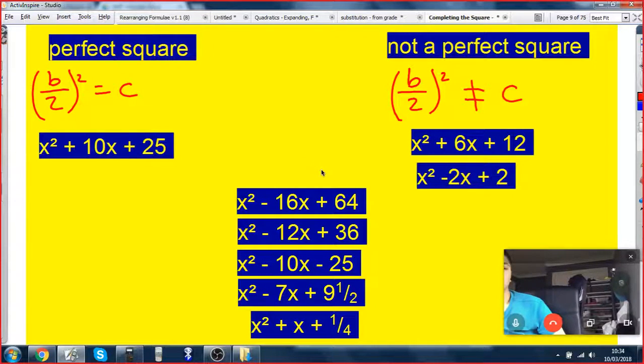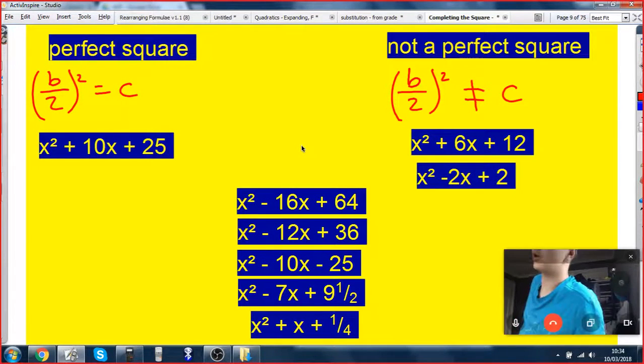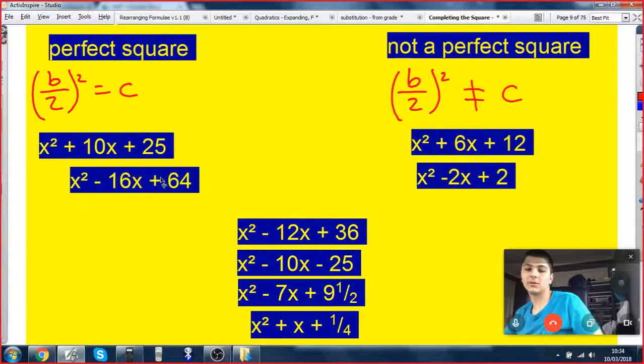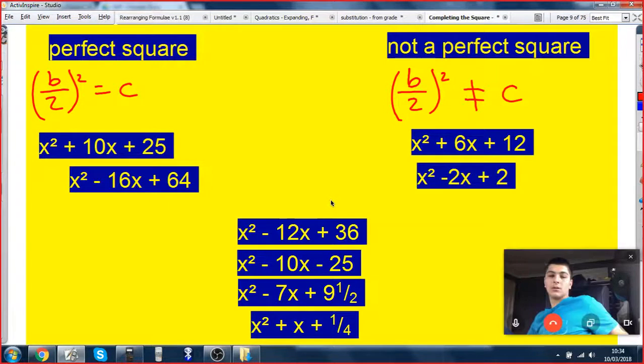Right. What is half of minus 16? Minus 8. And minus 8 squared is 64. And so this is left.